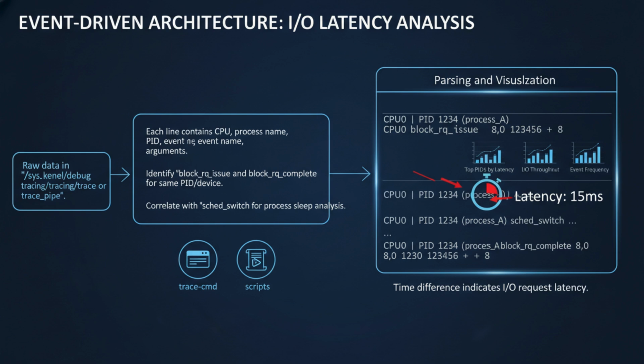Tools like trace-cmd or custom scripts are often used to parse and summarize this extensive raw data, making it more manageable. They can calculate average and maximum latencies, identify the top PIDs causing I/O, and even visualize I/O patterns over time. This systematic analysis helps to pinpoint exactly which operations are slow and why.